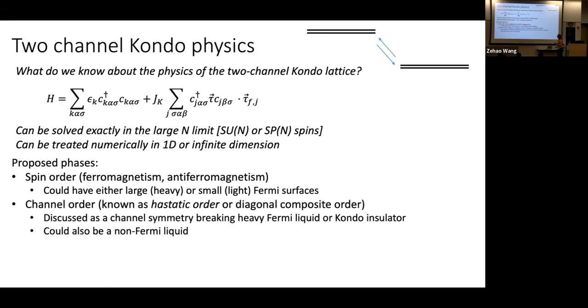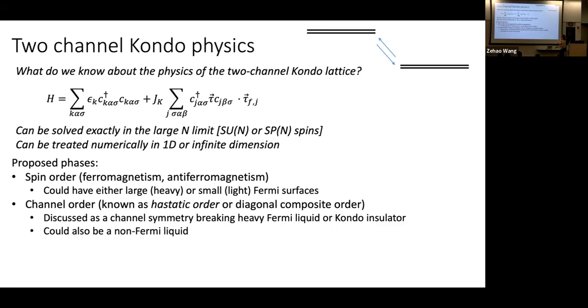The interesting new thing that you can get in the two-channel case is that you can have a channel ordering. And so if you want to form a heavy Fermi liquid as your ground state, you actually have to break your channel symmetry. So this is a channel-symmetry-breaking heavy Fermi liquid or a channel-symmetry-breaking Kondo insulator.